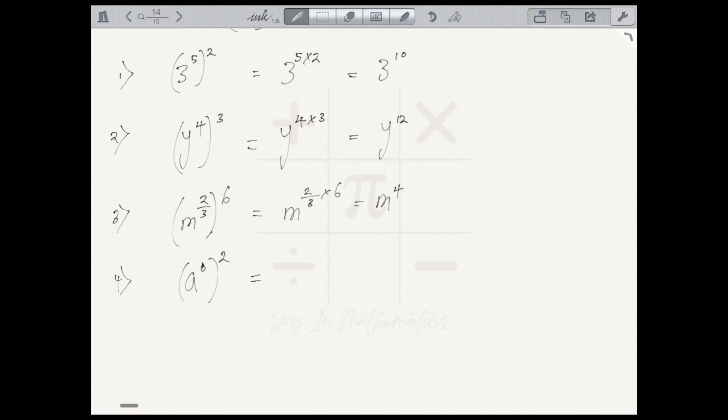Let's solve it like this: a raised to the power of 0 is 1, and 1 raised to the power of 2 is still 1. Also, this can be resolved by applying the product law that we just considered: a raised to the power of 0 multiplied by 2, and anything multiplied by 0 is 0, and anything raised to the power of 0 is 1.